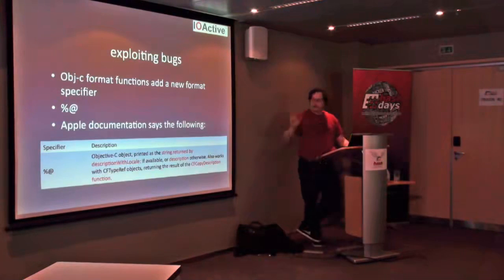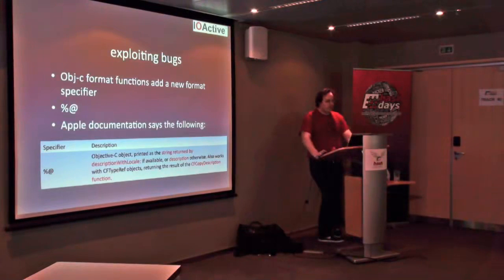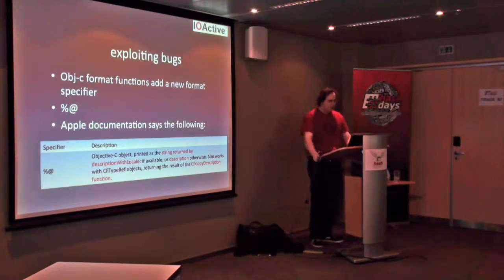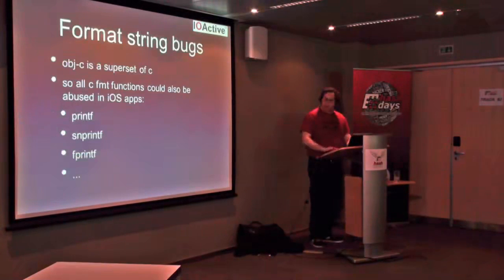A little note about exploiting these format string bugs. Usually when you try to exploit a format string bug, you would take advantage of the %n format specifier, which allows you to pop a pointer from the stack and write some data to it. That totally works for the C format functions.